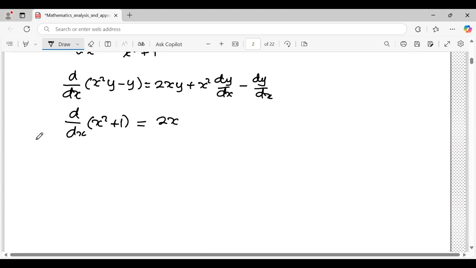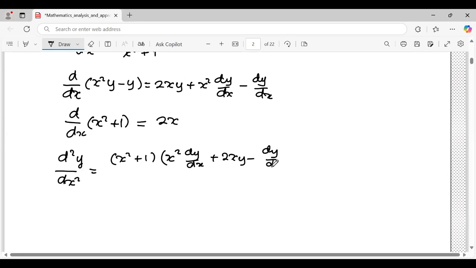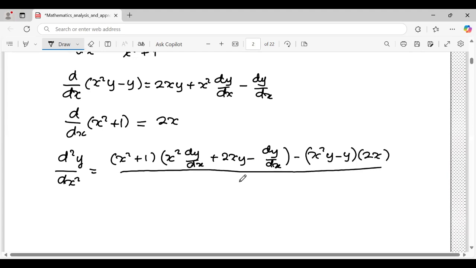So I would like to find the derivative using the quotient rule, so the second derivative becomes x squared plus 1 times this one, x squared dy/dx plus 2xy minus dy/dx, minus x squared y minus y times 2x, all over x squared plus 1 squared.